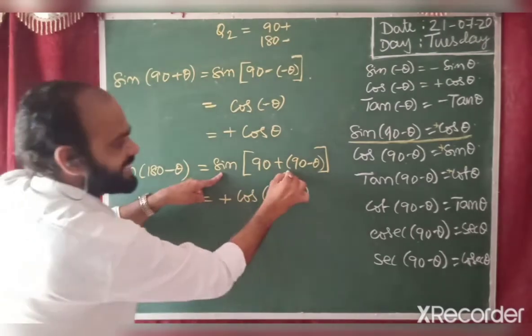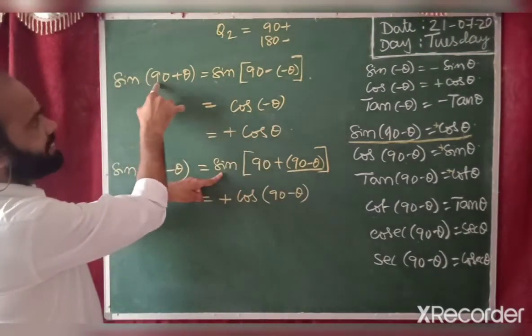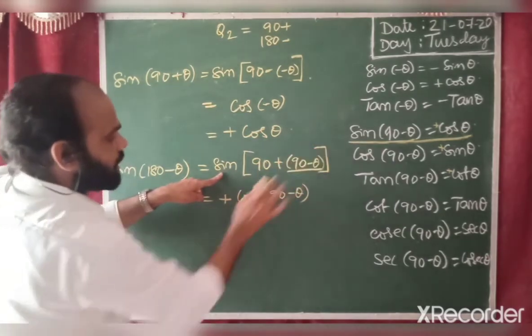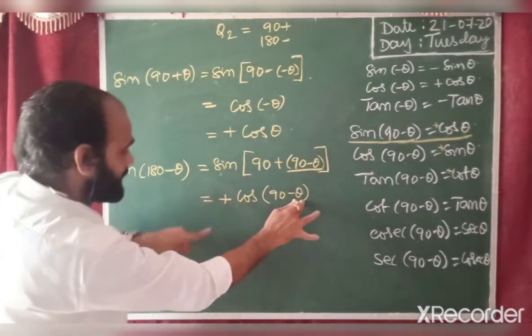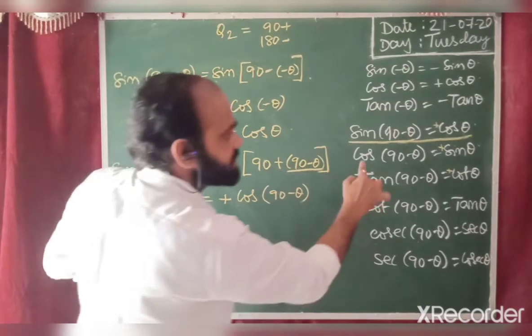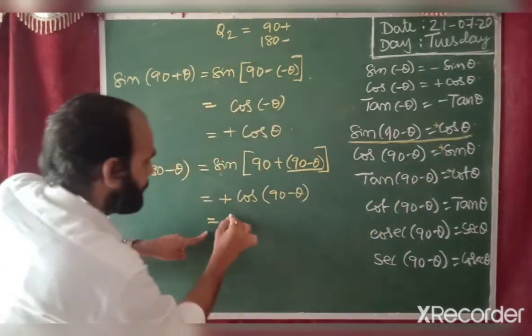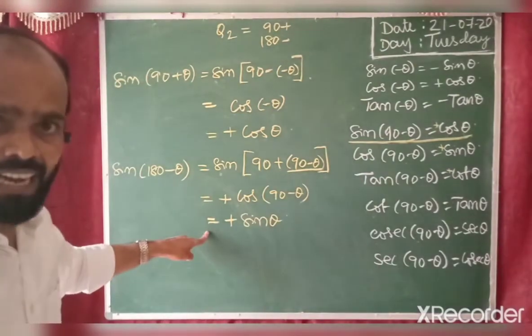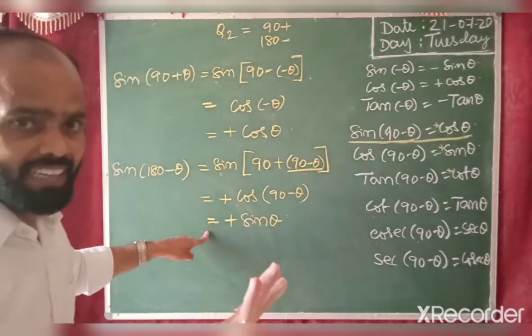In the place of theta, we know sine of 90 plus theta is cos theta, so we get cos of 90 minus theta. And how much is that? Cos of 90 minus theta is nothing but plus sine theta. Plus sine theta. I think I am very clear with this.